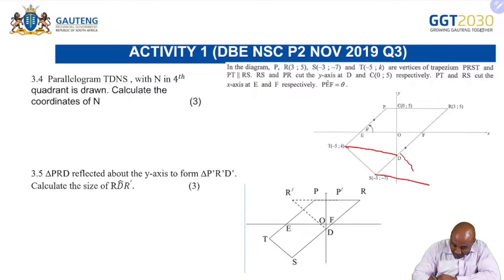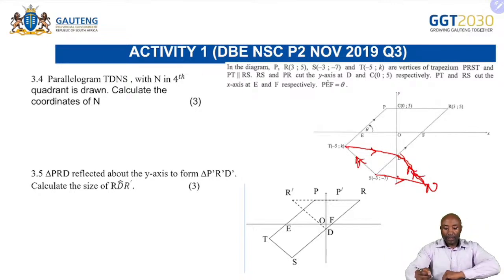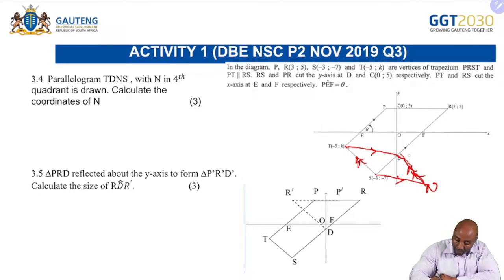And we know that a parallelogram takes the shape like that. So it means our n is somewhere like this. We don't know the coordinates of n. We know that this one is parallel to that one, and this is parallel to this for us to get a parallelogram. It helps you see what can help you get the solution correctly.